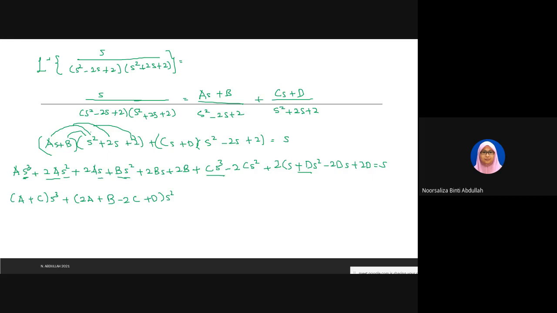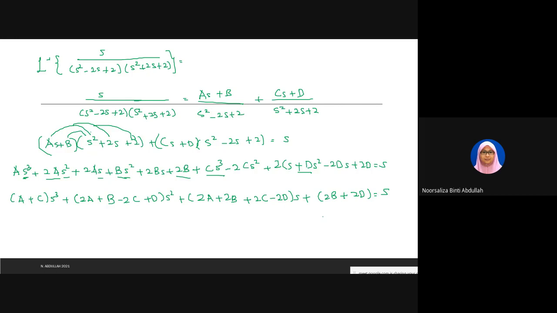Next is S: you have 2A plus 2B plus 2C minus 2D, here is S. And then plus, you have 2B plus 2D equals to S. Okay, sampai sini. Ada soalan tak? Tak ada.